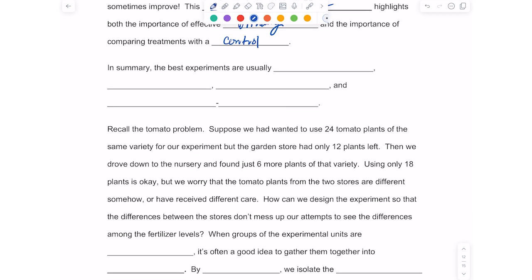In summary, the best experiments are usually randomized, double-blind when we can make them that way, comparative, we always want to be able to compare groups, and placebo-controlled.